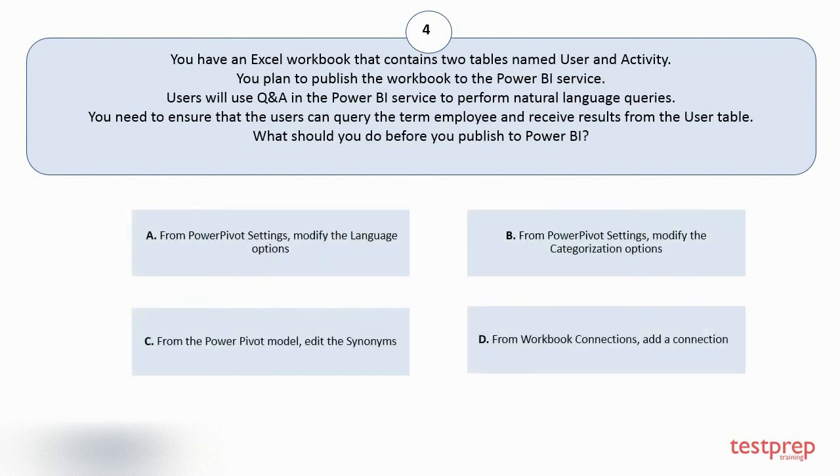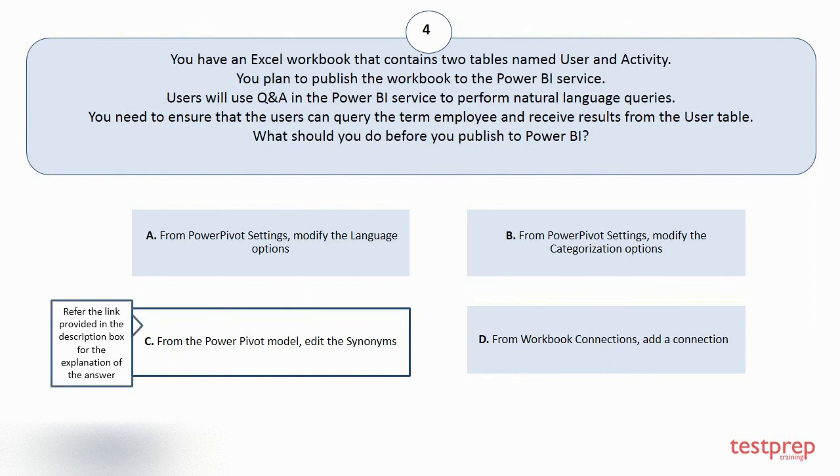Your options are A. From Power Pivot Settings, modify the language options. B. From Power Pivot Settings, modify the categorization options. C. From the Power Pivot Model, edit the synonyms. D. From Workbook Connections, add a connection. The correct answer is option C.